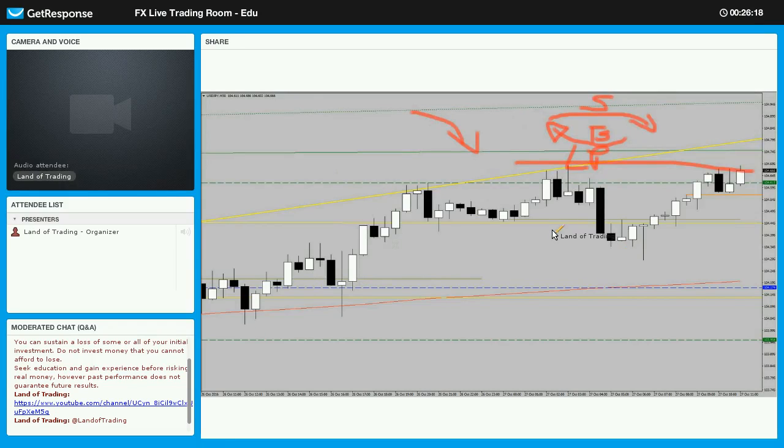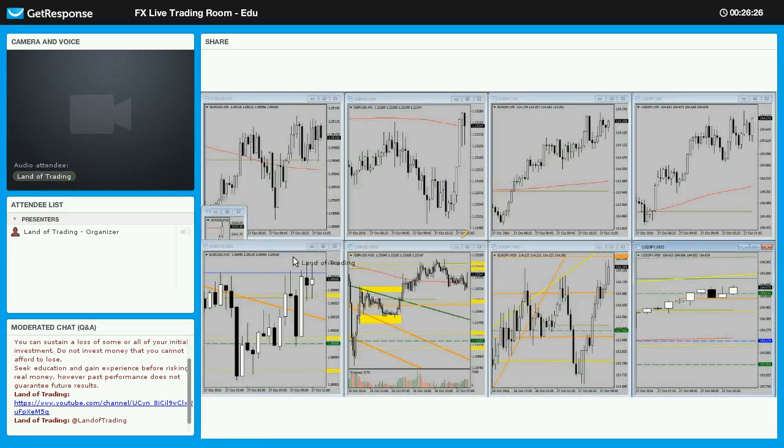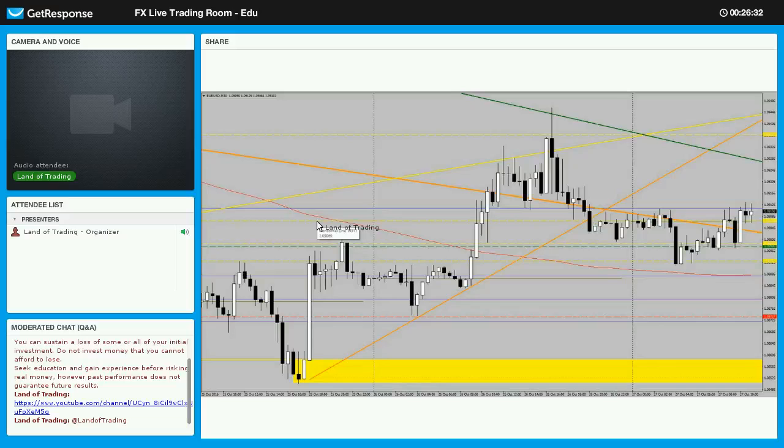Okay. So that's how I see the dollar yen. As we have 6 minutes to go in regards to the cable, then just briefly, since Tuesday, when we had our last live trading room, there are not many changes on the market.